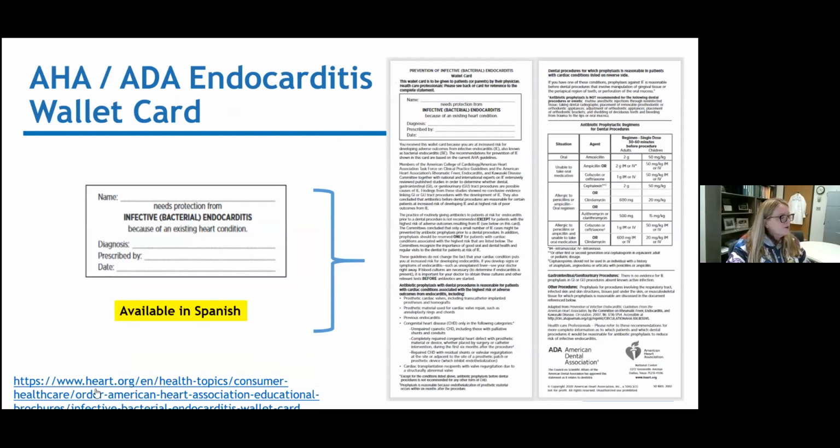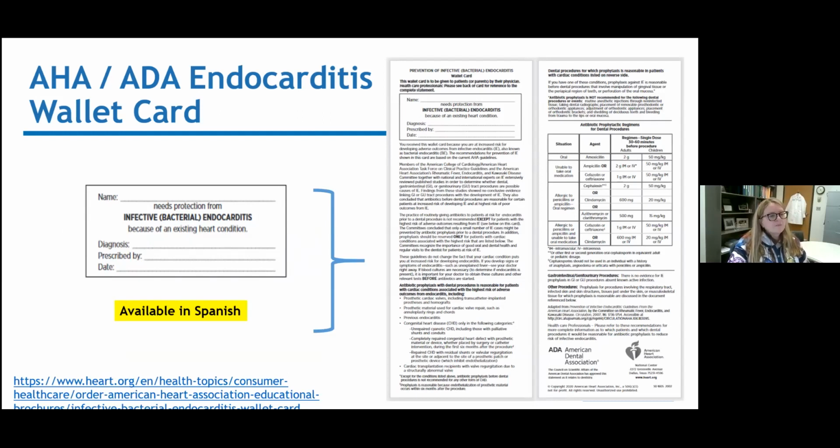On the American Heart Association website listed below is the AHA and American Dental Association endocarditis wallet card that should be given to families by their cardiologists. And I say should, because it doesn't always get done, but we try to make sure it does. The card has their diagnosis on it, who their doctors are, the date, and it goes over everything.